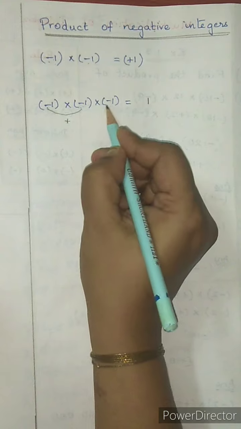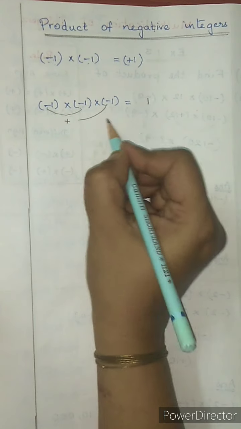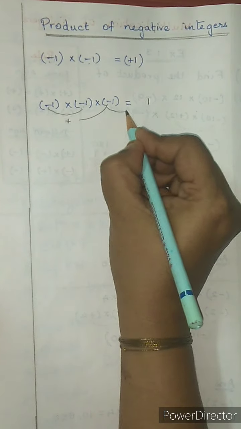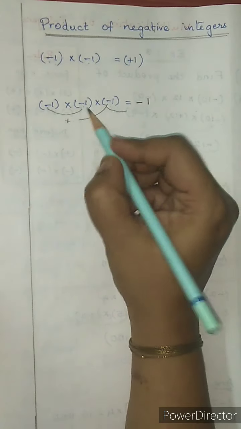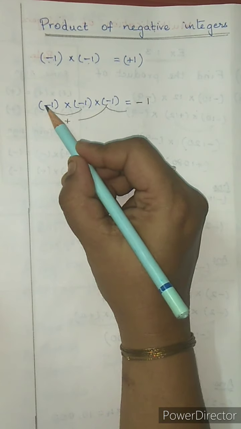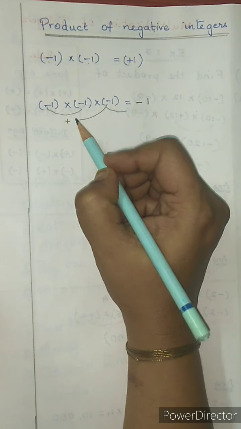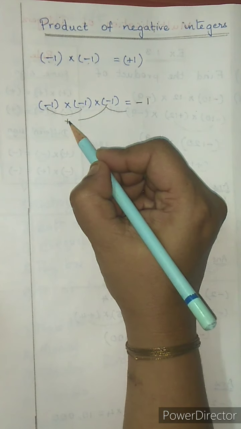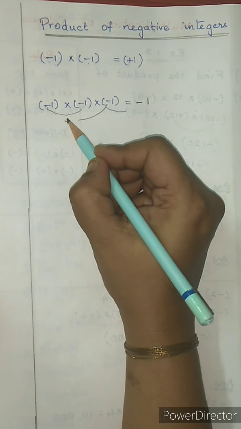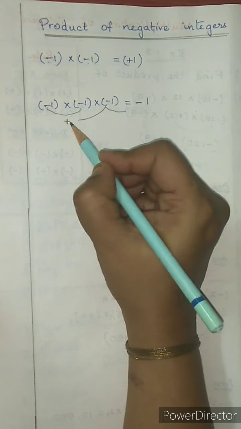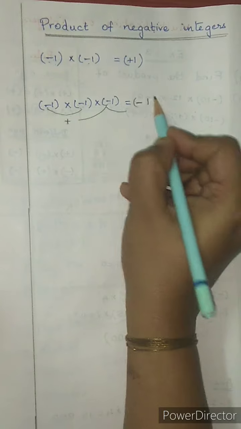Plus into minus, minus. Isn't it? When you multiply the integers of same sign, we get a positive integer, and then we are multiplying integers of different sign. Here it is plus and here it is minus. So plus into minus, minus.